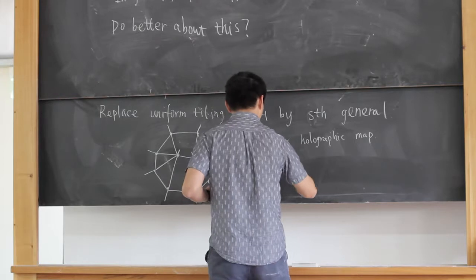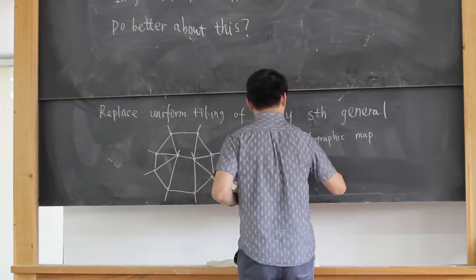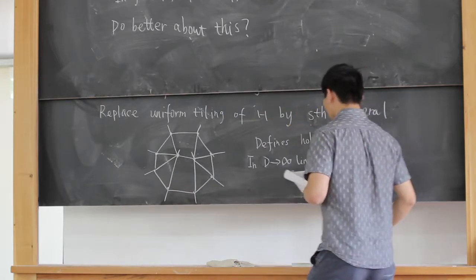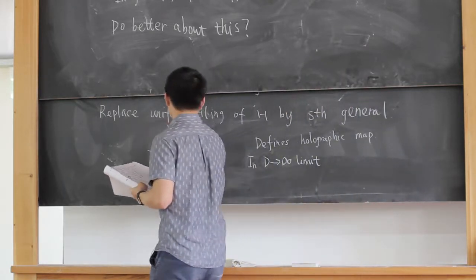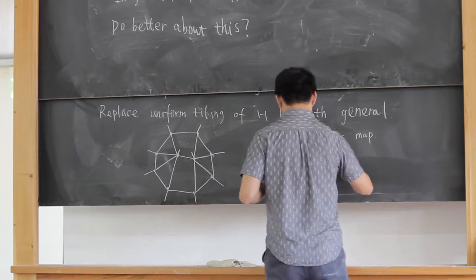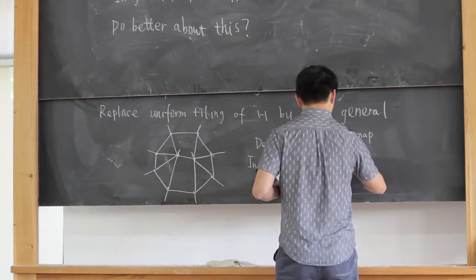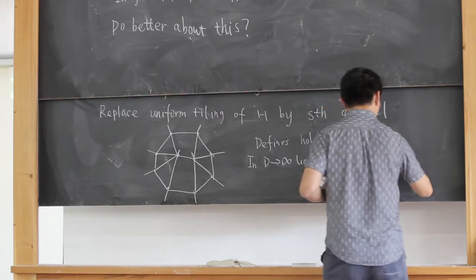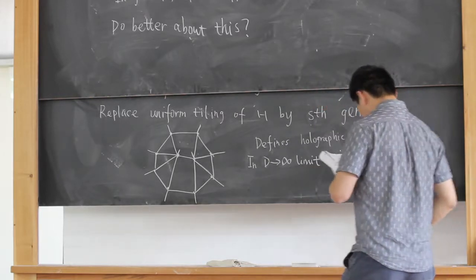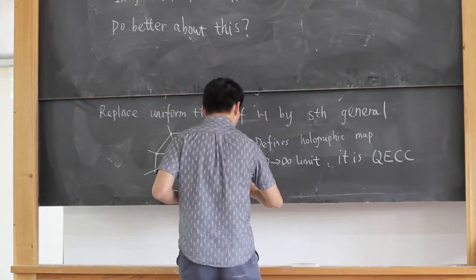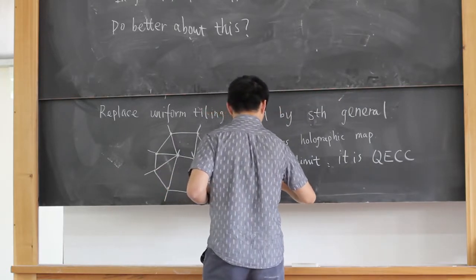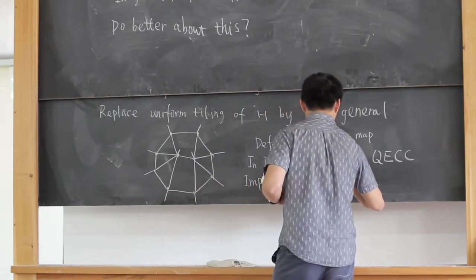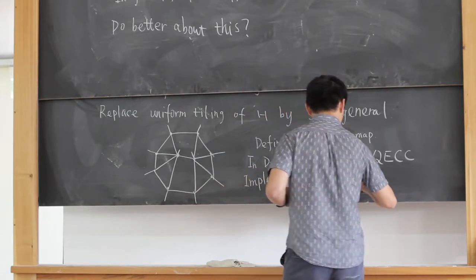In the large D limit, where D is the bond dimension of all these tensors, the contracted ones and also the boundary ones, it can be thought of as a quantum error correcting code, just like in the previous perfect tensor case, and it implements various reconstructions of operators.